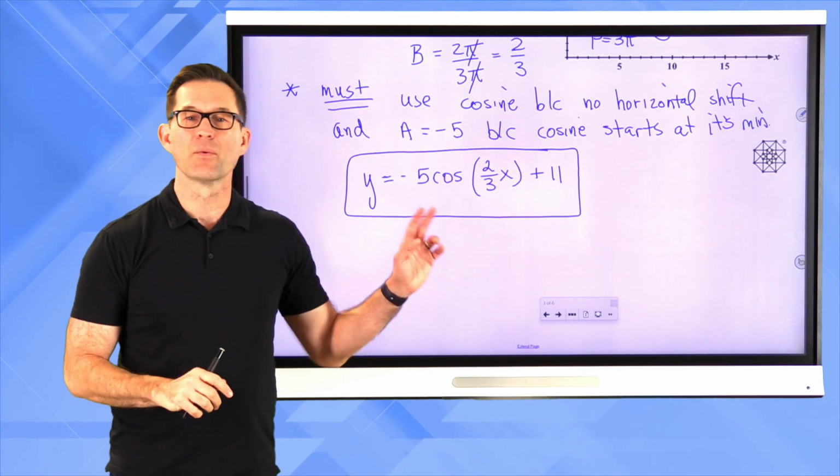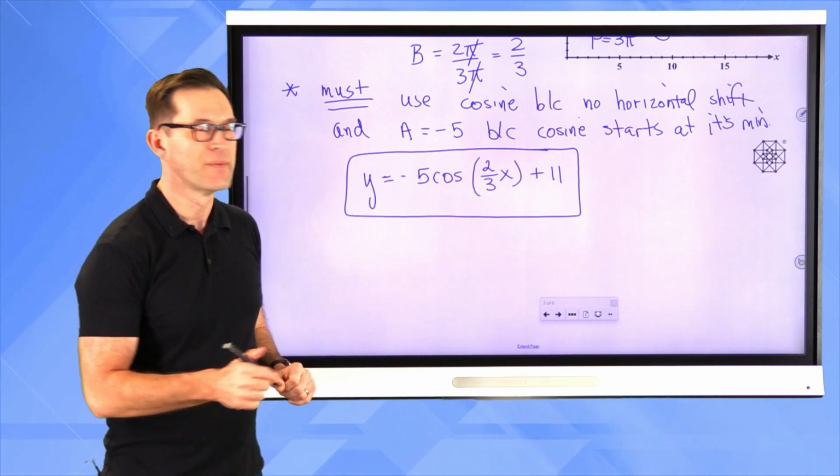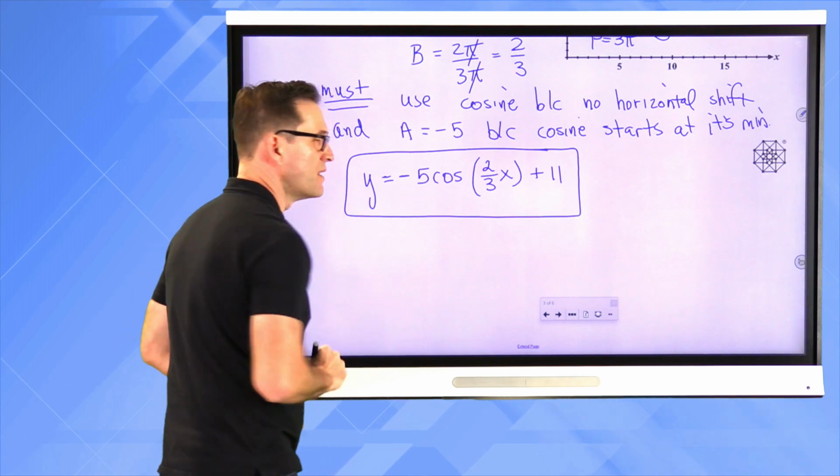That is, y equals a times cosine bx plus k. Make sure that negative really is sitting there.